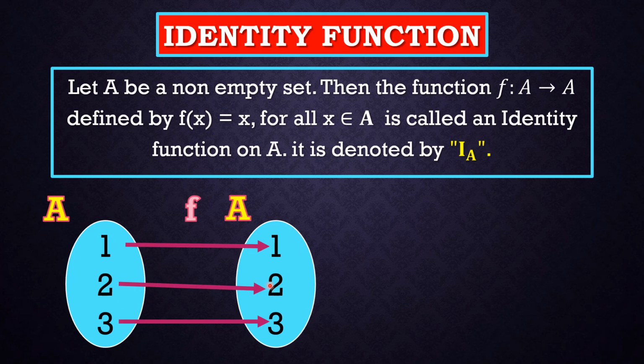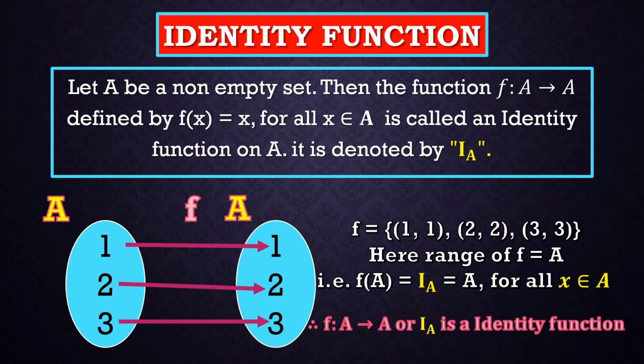Therefore here range of f equals A. So this type of function is called identity function. We take one function f equals the ordered pairs (1,1), (2,2), (3,3).